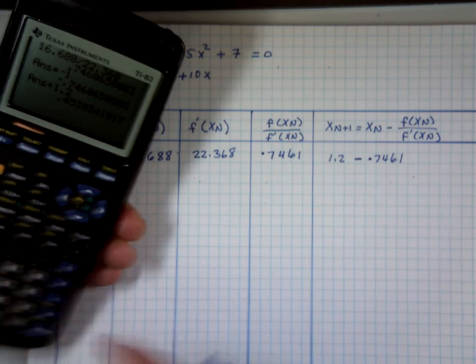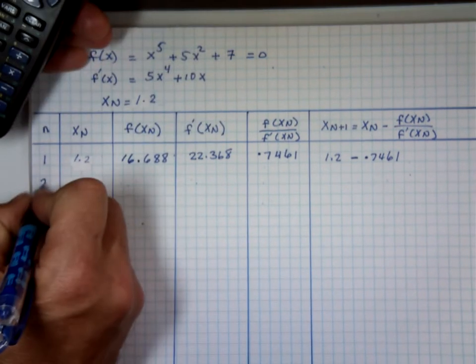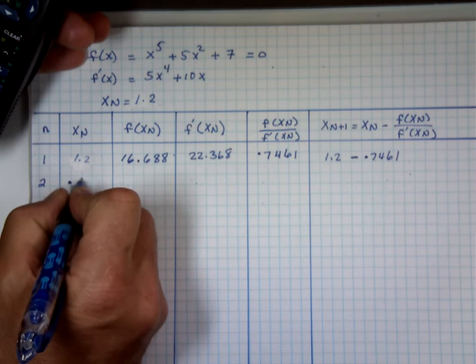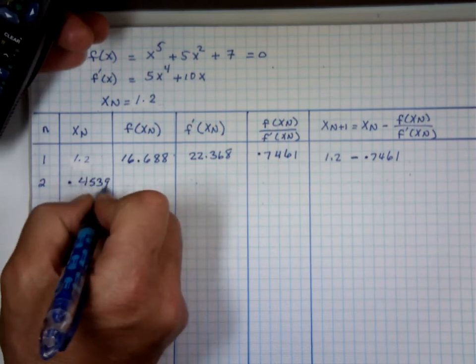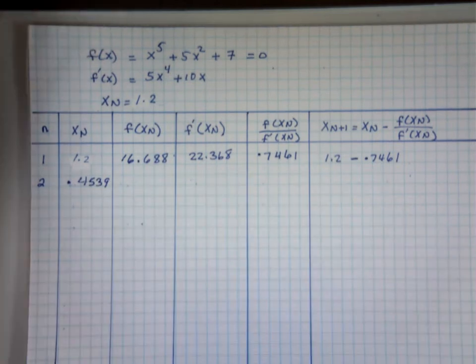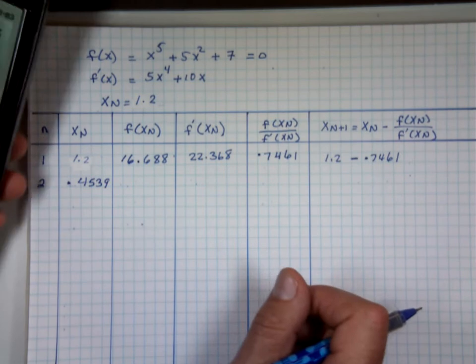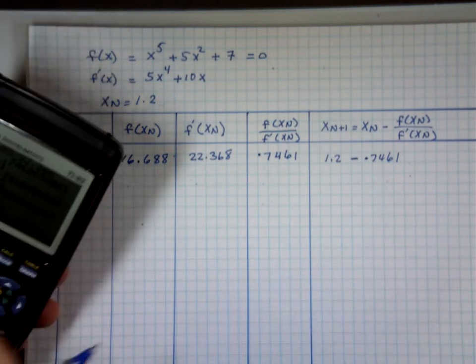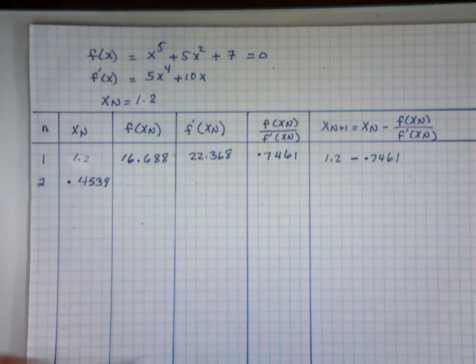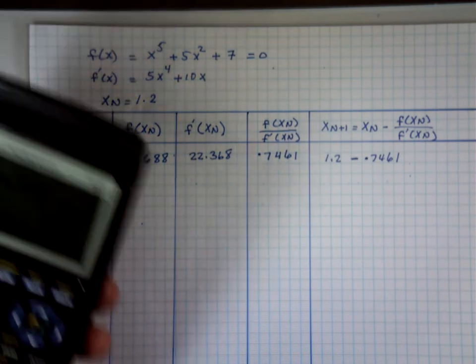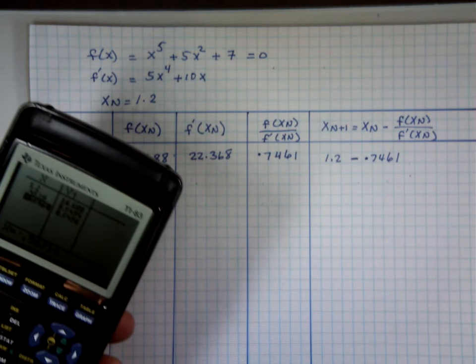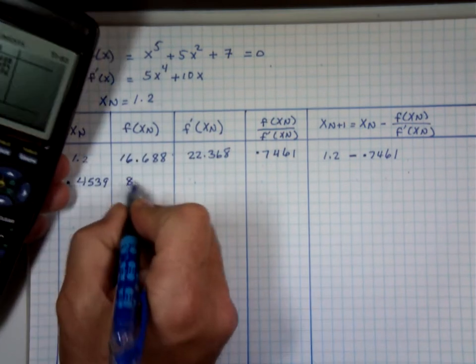So my next number I'm going to be using is 0.45393. That's plenty, I'm running out of space here. But let's plug it into the function. 0.4539. I got 8.0494.